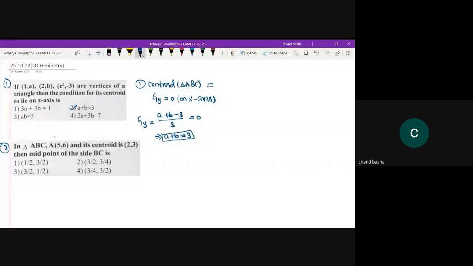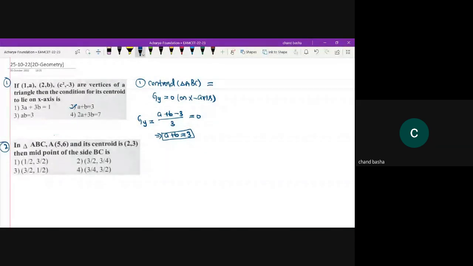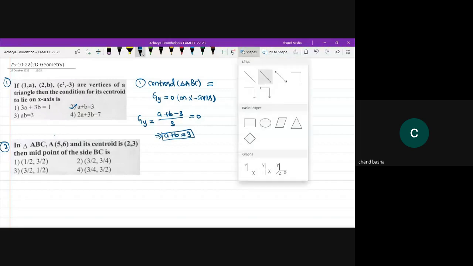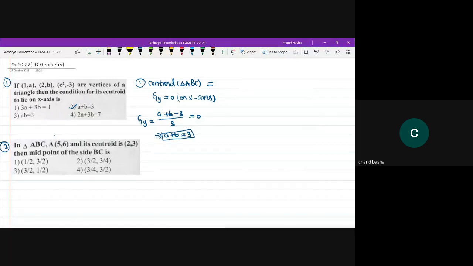First identify the approach, how to solve this question. One thing he has given: out of the triangle, vertex A is given. B is not given, and C is also not given, but he's asking for this particular point D. And one more condition: the centroid G is given to you, 2 comma 3.